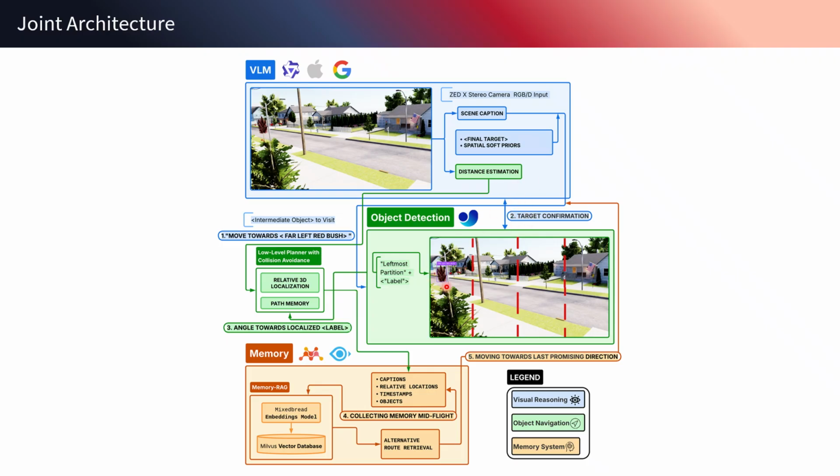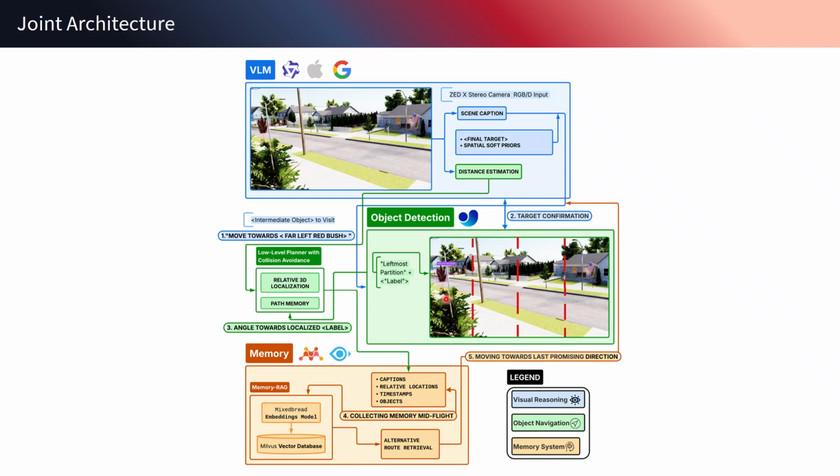So because we have this bounding box here, we would have an angle towards this object specifically. Despite not having hard priors, we would have the coordinates of our drone, and our VLM has pretty good spatial priors, so it would be able to provide an estimation for the distance.